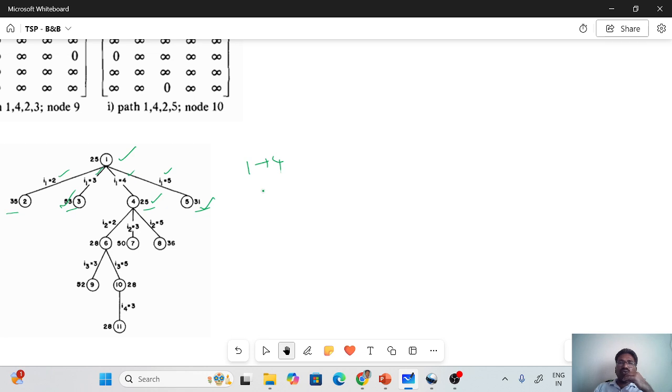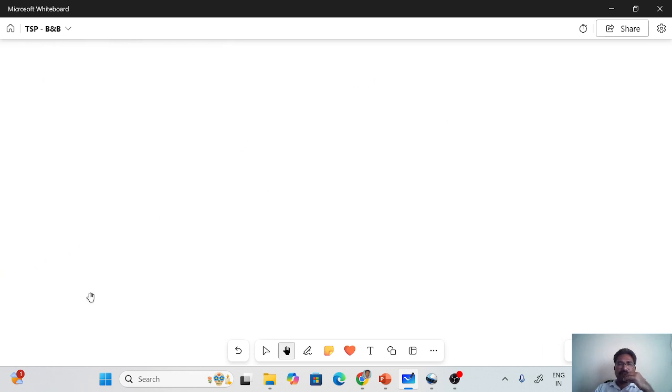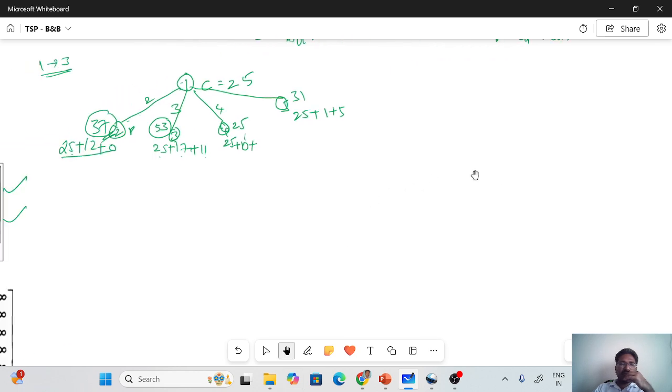Now from the 4th node I am going to check. From this node I am going to expand. So 1 and 4 visited, it may be 2 or 3 or 5.